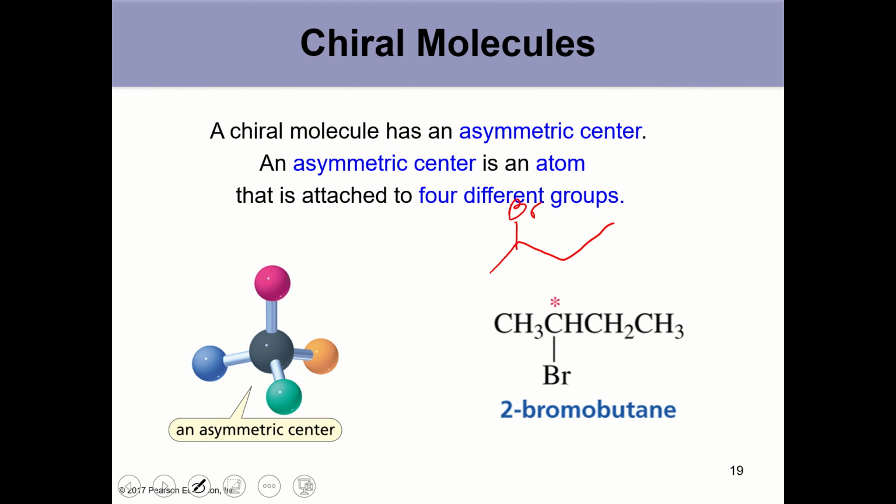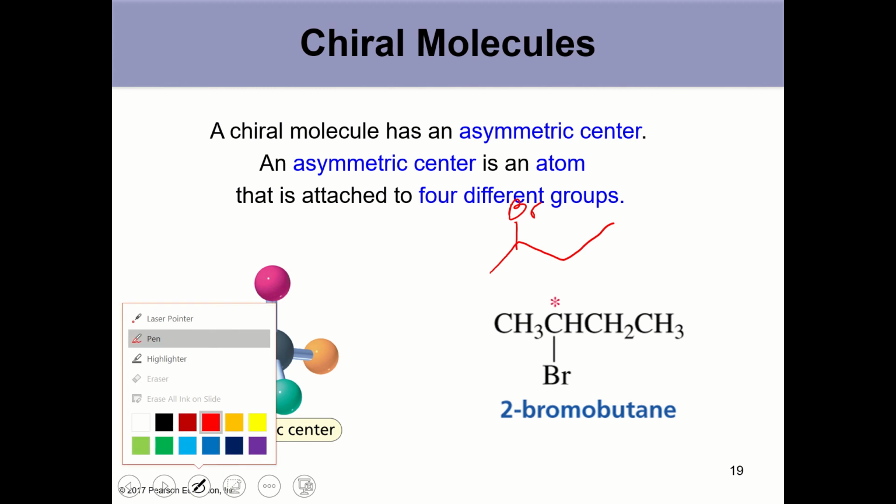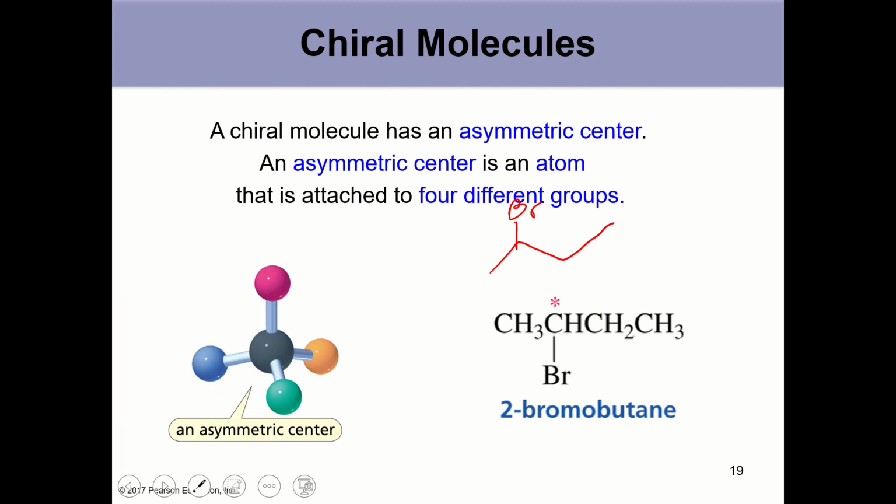Chiral molecules. A chiral molecule has an asymmetric center. An asymmetric center is an atom that is attached to 4 different groups. Here we have an example. Central atom bonded to 4 different colored atoms. That is an asymmetric center.